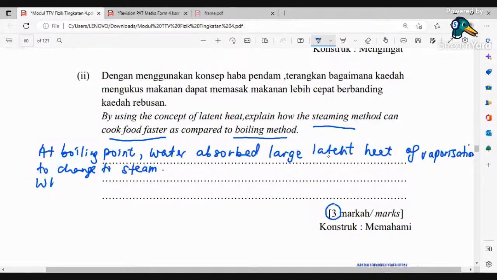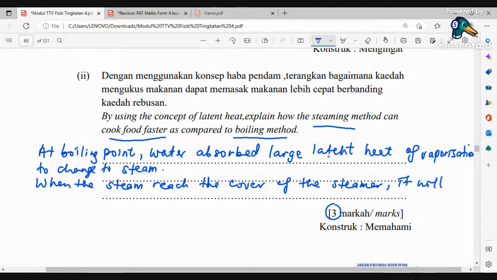When the steam reach the cover of the steamer, it will condense to water.